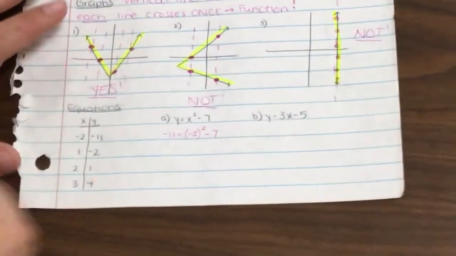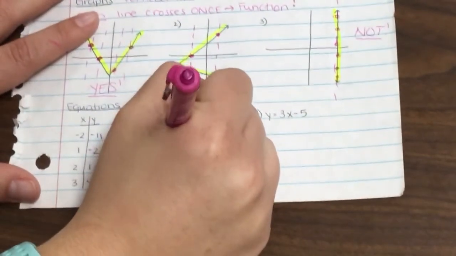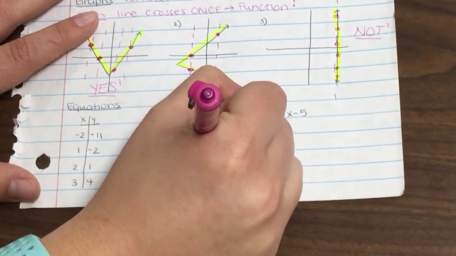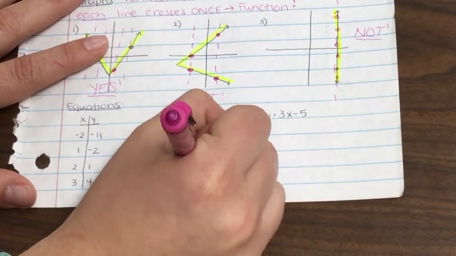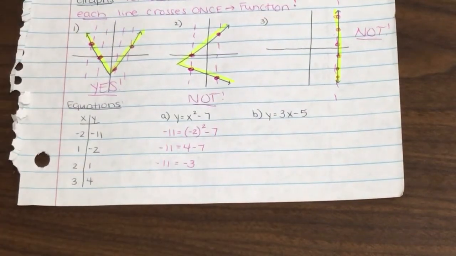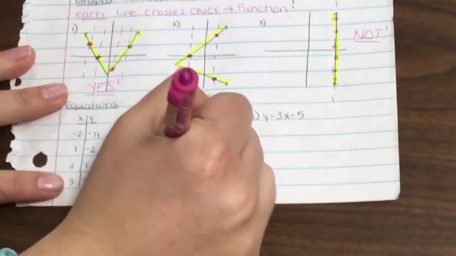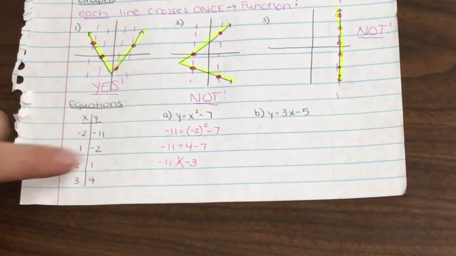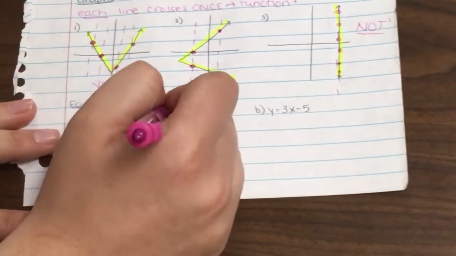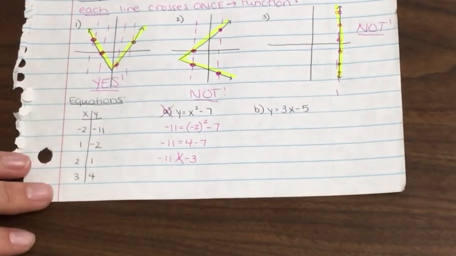So -2 times -2 should make a +4. And 4 minus 7 should make -3. So does -11 equal -3? No. So these points, this table does not work with this equation. So this is not the correct answer.